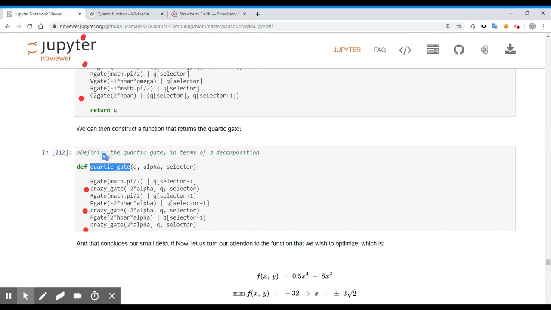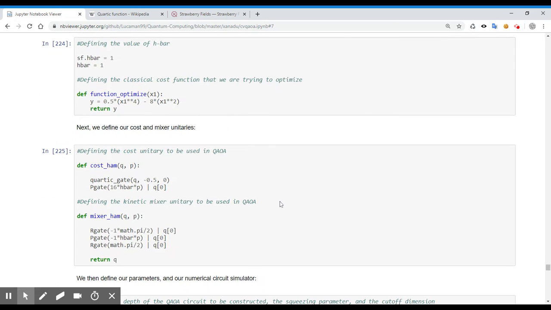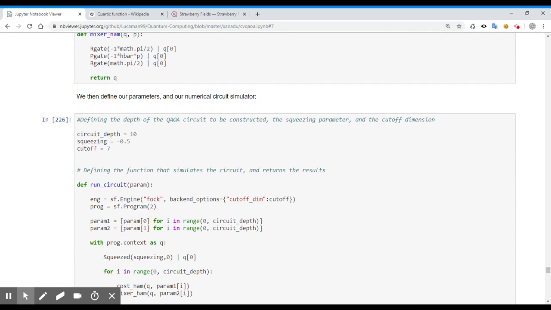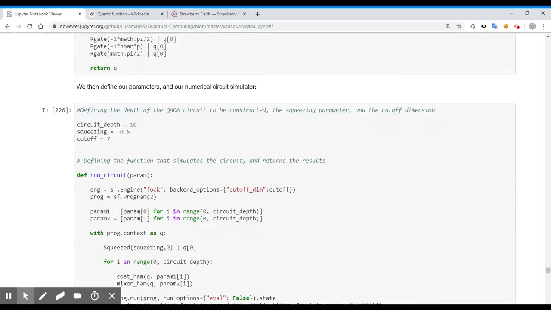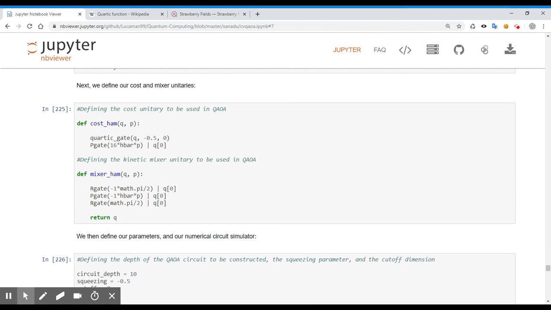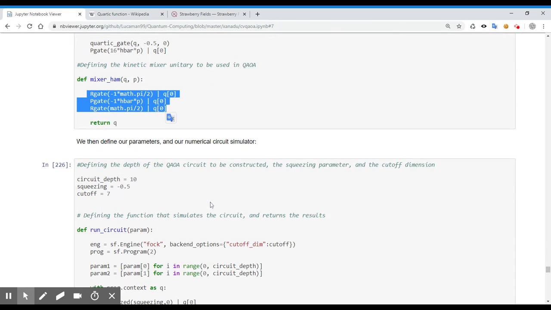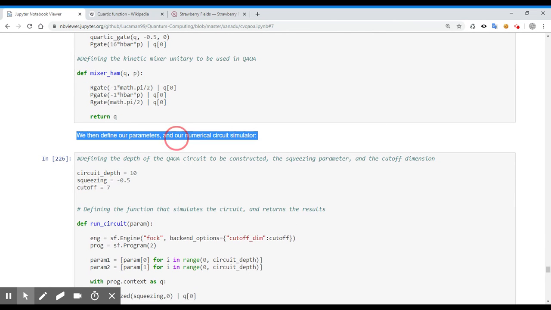That's quartic gate here. So cost Hamiltonian, mix Hamiltonian, price our numerical circuit simulator.